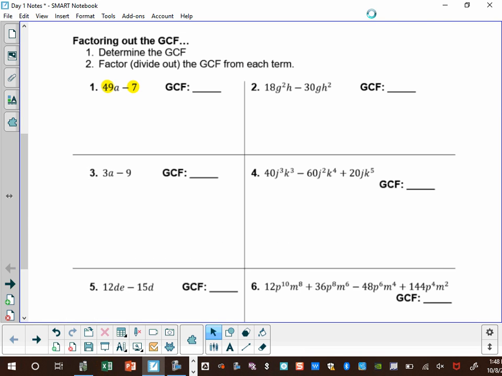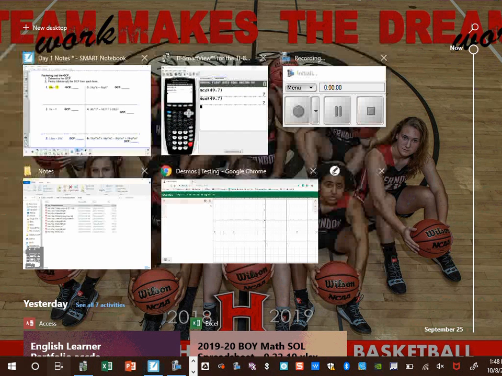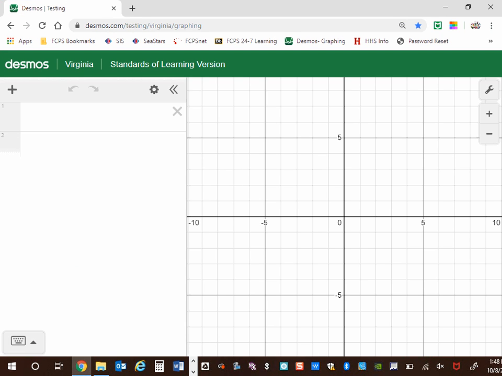Now let's look at Desmos. In Desmos, it's super easy. All you have to do is remember GCD. So for Desmos, we're going to type in GCD, parentheses, and my numbers were what? 49 and 7.